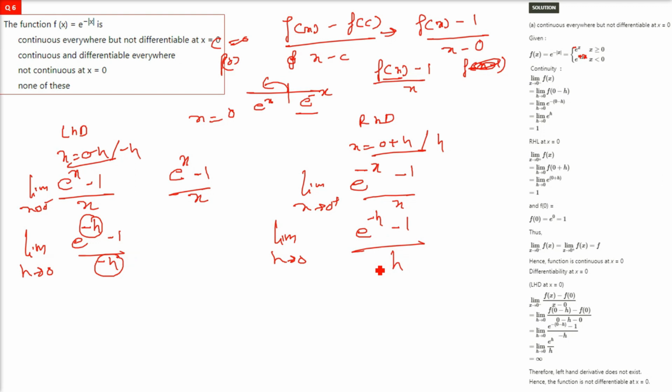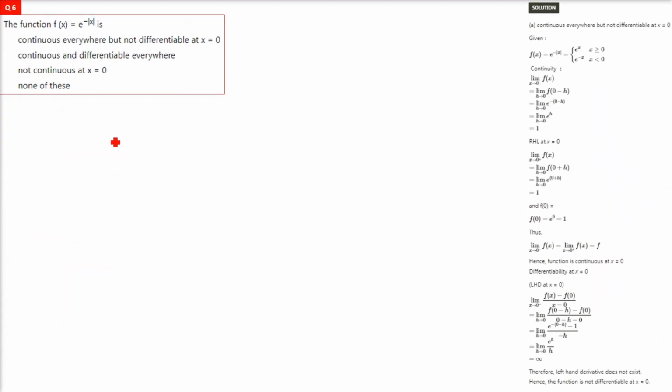Here on the left we have minus h and minus h, so you can assume it to be x. On the right you have minus h, but in the denominator you don't have a minus, so I am introducing a negative. Here you have the (e^x minus 1) by x form, so when you apply the limit it will be 1, but there is a negative also, so it will be negative 1. So you have 1 on the left, negative 1 on the right.